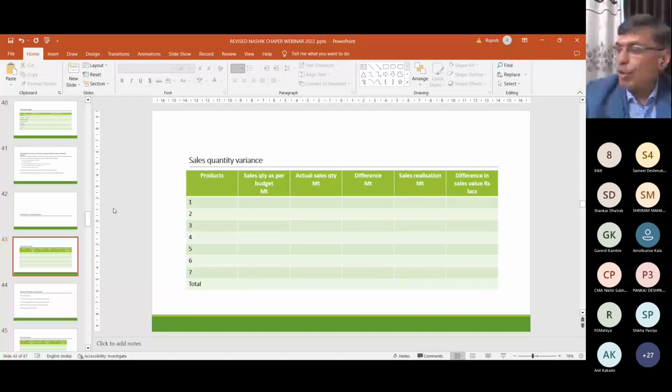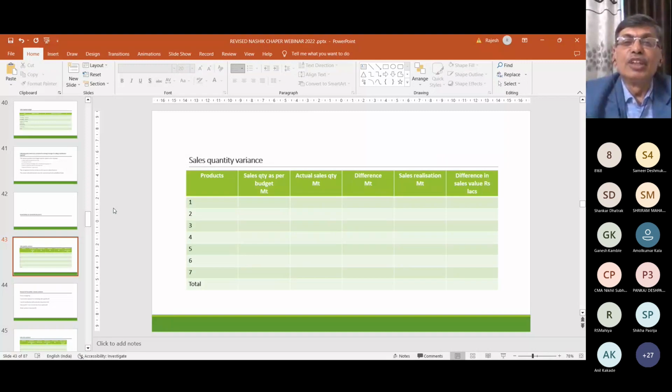First is sales quantity variance. Here, sales quantity as per budget, actual sales quantity, difference, and what is the total value which has gone either in favor or against it. The total will give that picture.